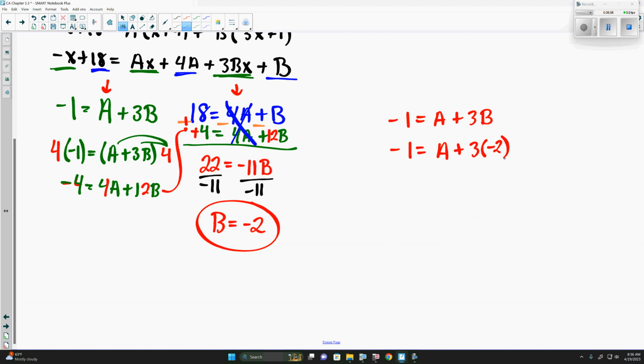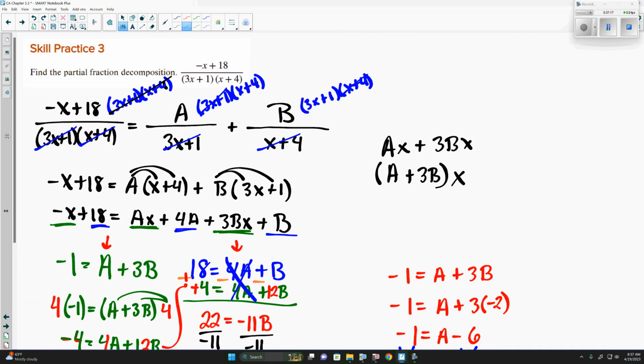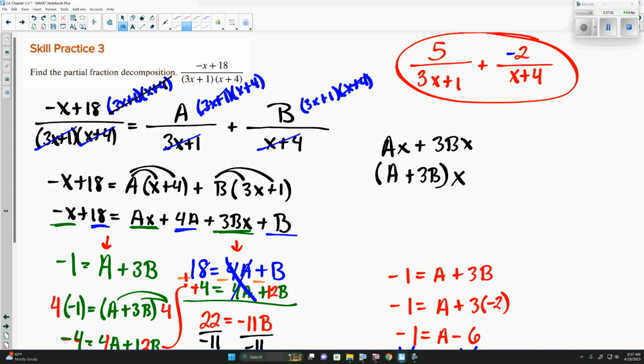Negative 2 minus that negative 1 is equal to a minus 6. Add 6 to both sides, telling us a is 5. And that brings us back to the top. So a is 5. So 5 over 3x plus 1 plus negative 2 over x plus 4.